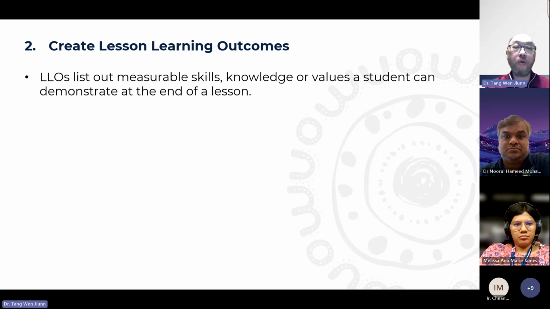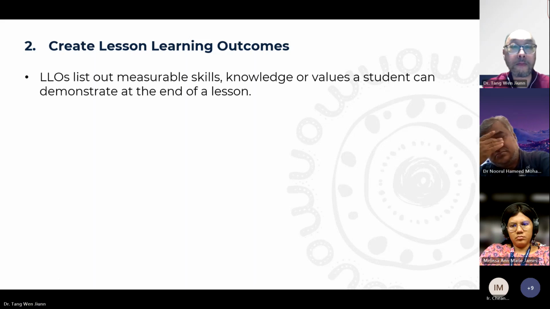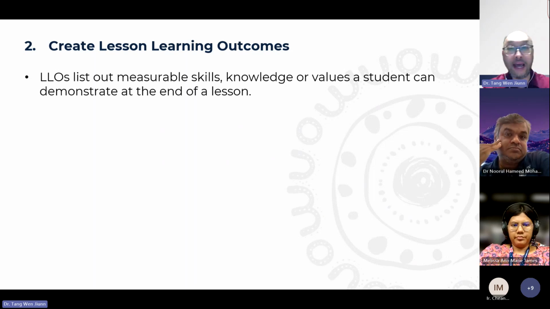This LLO lists out measurable skills, knowledge, or values a student can demonstrate at the end of a lesson. This is different from the CLO. The CLO, course learning outcome, is for the entire course. This LLO is for the lesson, the individual topics and the subtopics, what you want the students to learn.